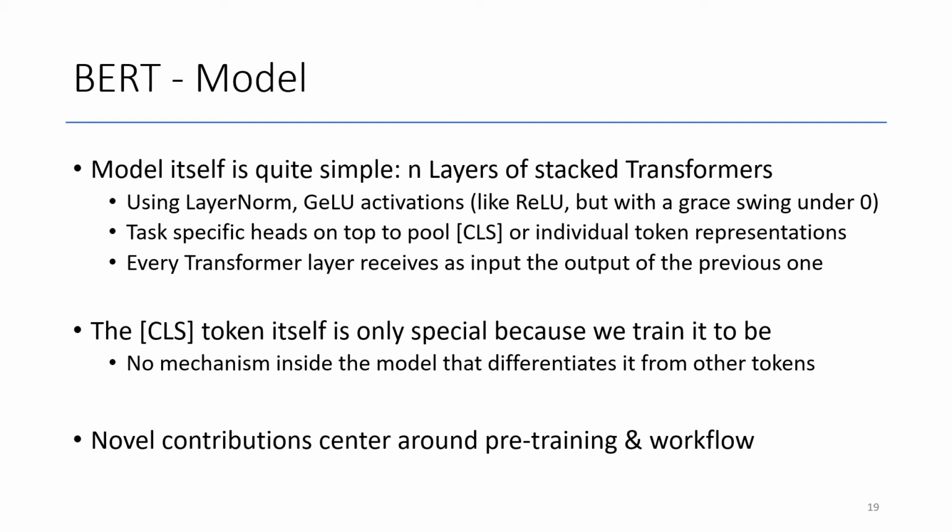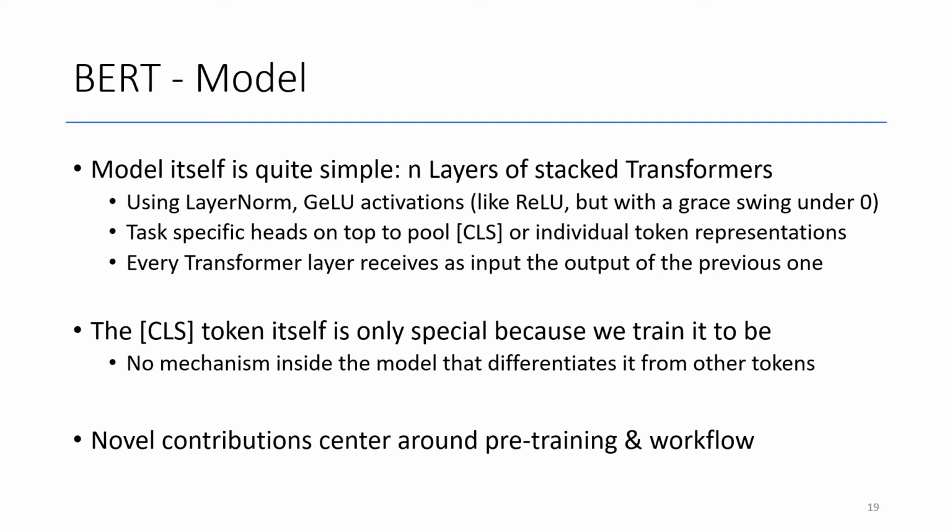Right, every transformer layer receives as input the output of the previous one, just as in other transformer architectures. And as I said before, and I want to re-emphasize this point, the CLS token is only special because we train it to be special. There is no mechanism inside the model that differentiates it from other tokens.